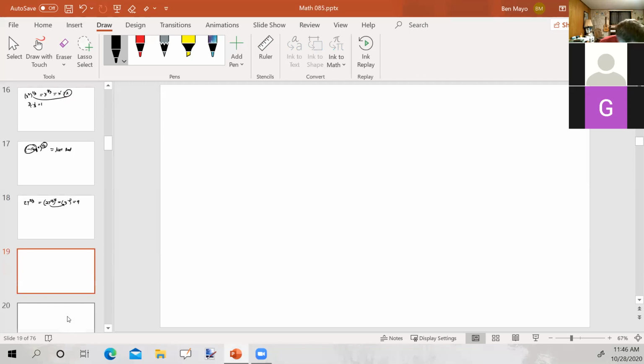Let's see here. How about this? 27 a cubed b cubed all to the 2/3 power. It says simplify each expression. All variables represent positive real numbers.